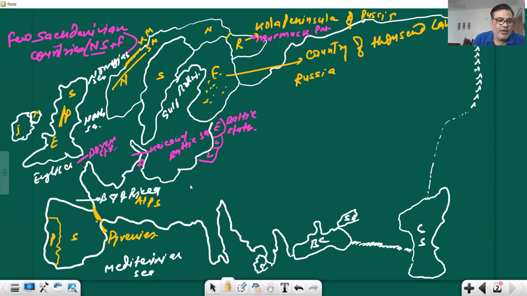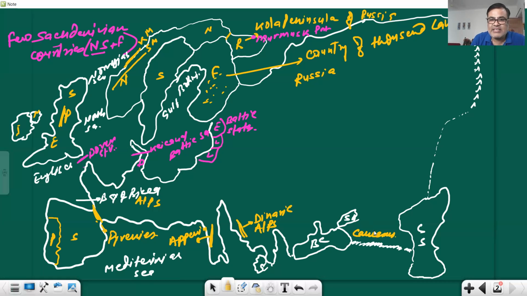the Alps mountains. Fine. Here in Italy you will find another one and its name is Apennine. And here you will find another one, its name is Dinaric Alps. And here you will find the Caucasus.